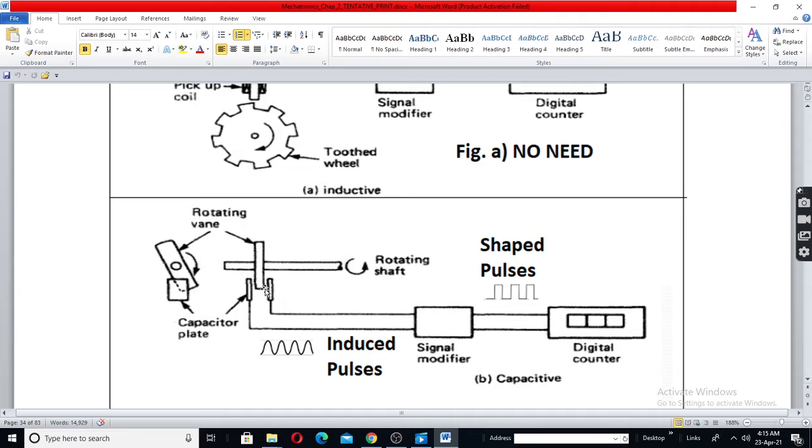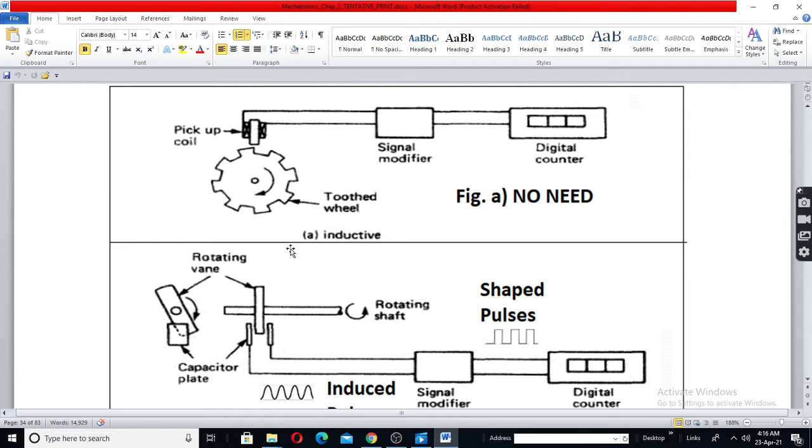This variation in capacitance can be used to induce pulses. These pulses can be modified to get accurate pulses, which can be measured using a digital counter or used for control purposes.